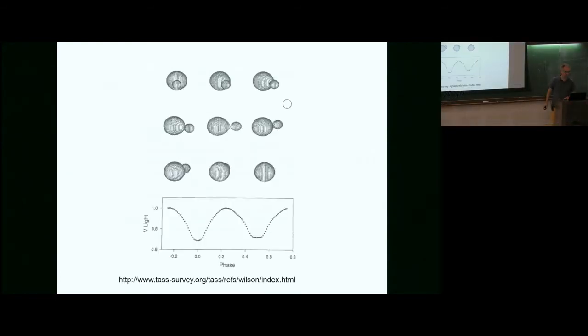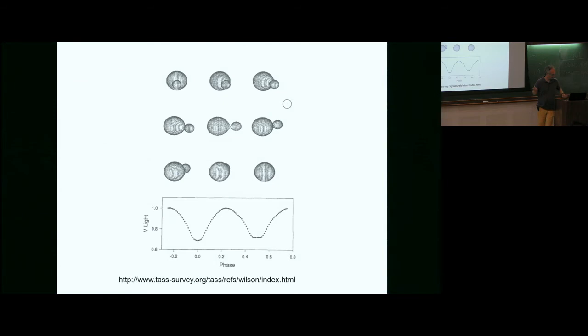So here is another example of a photometric binary where the eclipses are really smooth, and only here you see some flattening of the light curve, and the stars are relatively nearby.